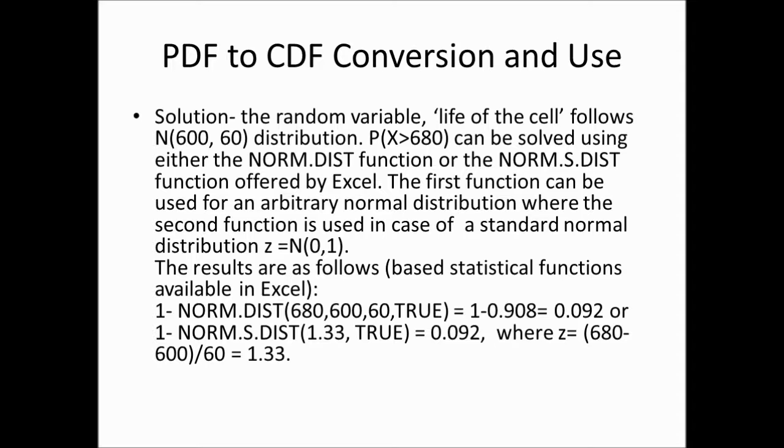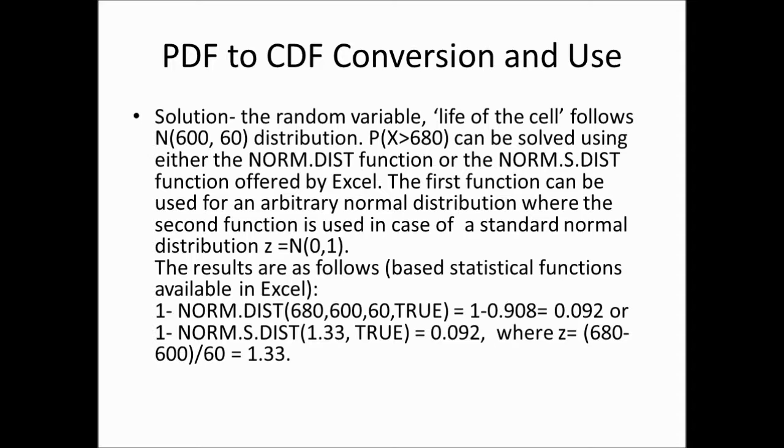Using a statistical function from Excel, we can write it as equal to 1 minus NORM.DIST with parameters 680, 600, 60, true, and that number is 0.092, about 9.2%. Or you can use the standard normal distribution.